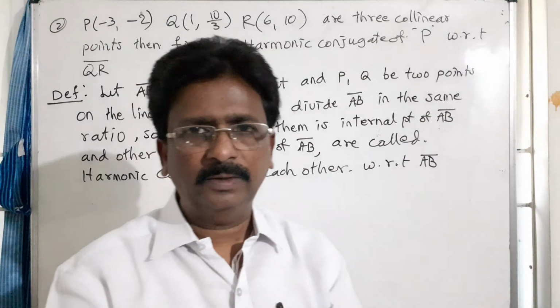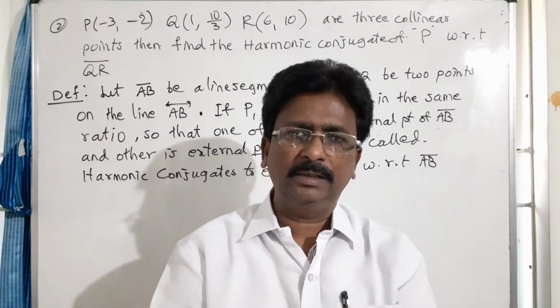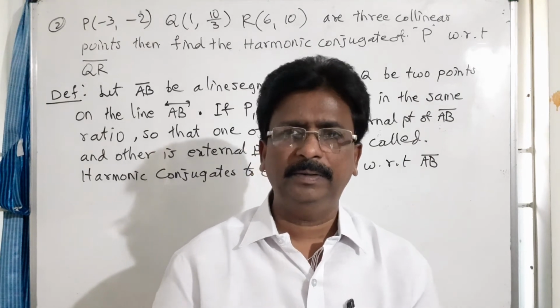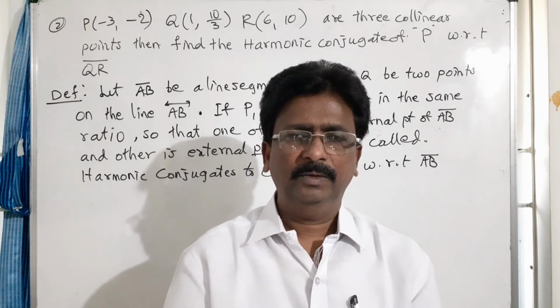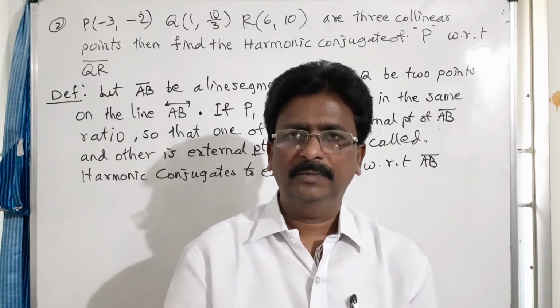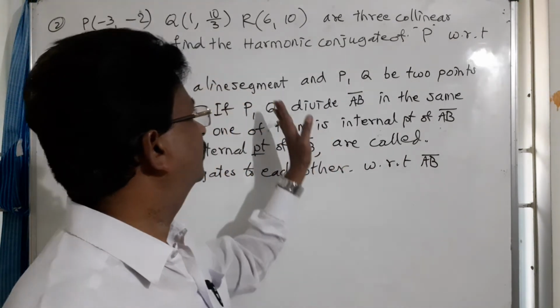With respect to the line segment AB, one is an internal point and the other is an external point. One of them, any one may be the internal point. Okay, have you understood the harmonic conjugate? Let us continue the question.